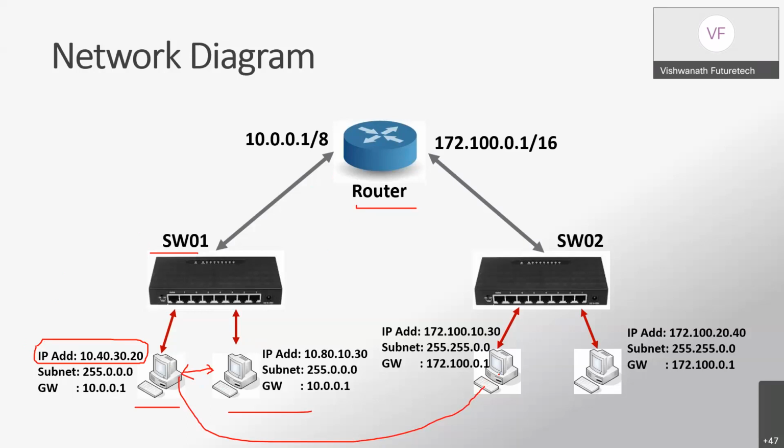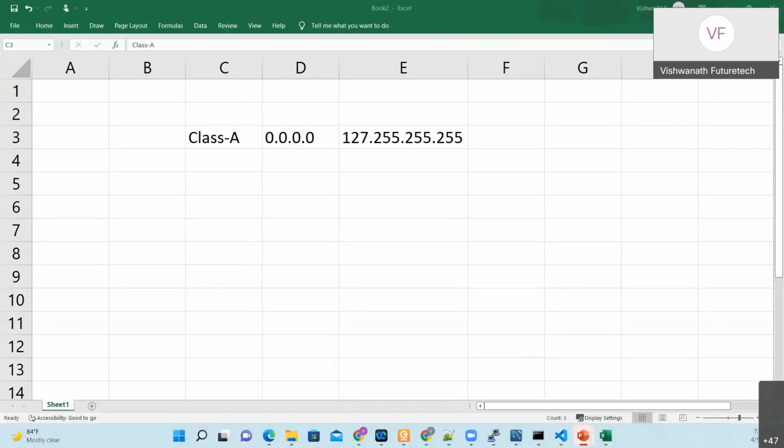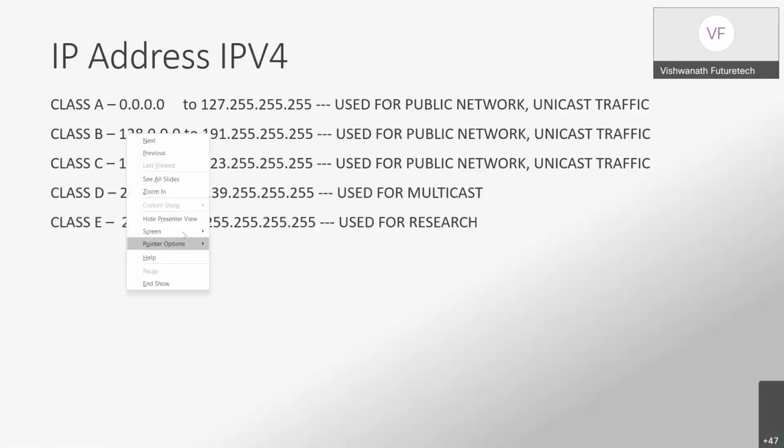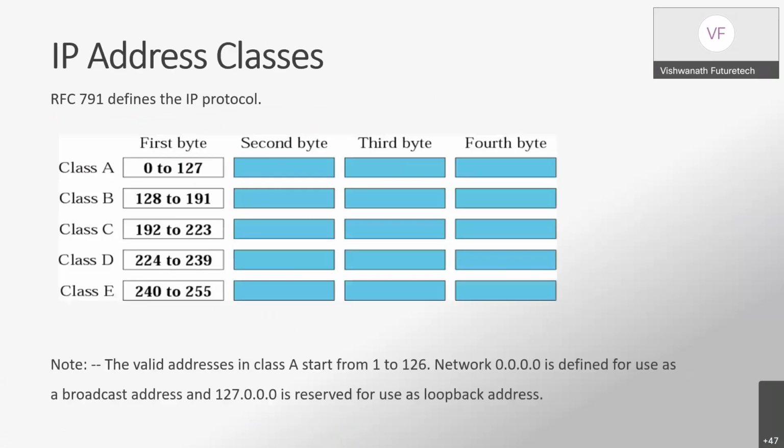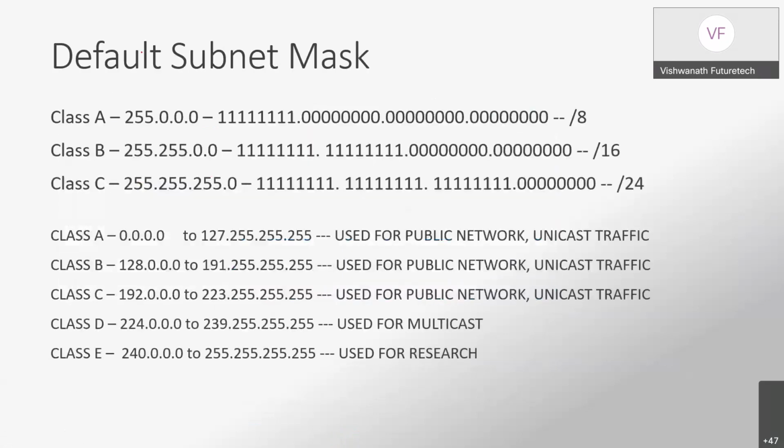This is a very basic concept, and the IP addressing itself is classified into classes: class A is in this range, then class B, class C, class D, and class E. There is another component, which is the default subnet mask.